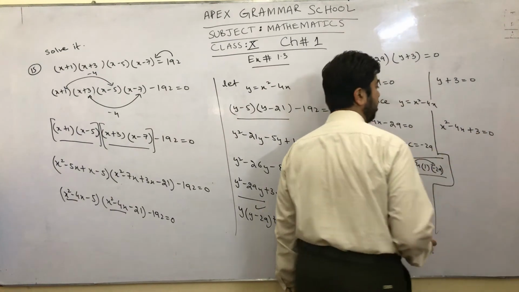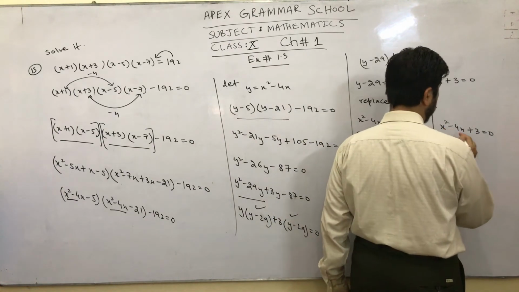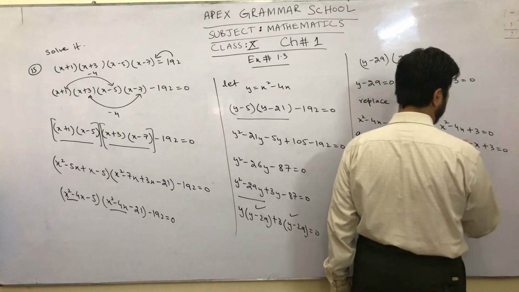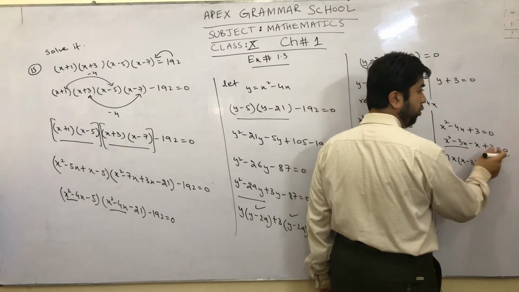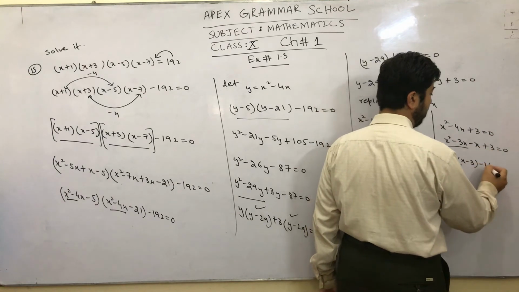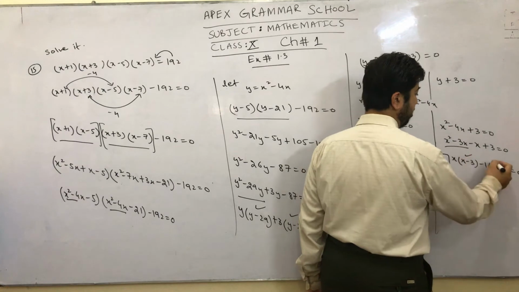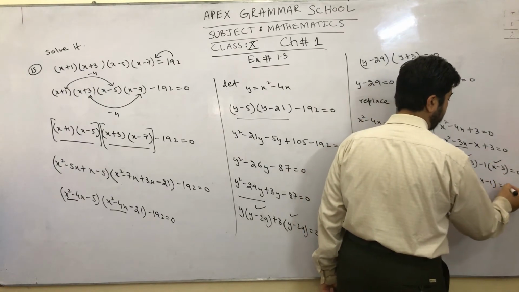And now for this side, you can apply factorization here very easily, like x square minus 3x minus x plus 3 is equal to 0. You have to take common x, like x minus 3, you have to take common minus 1. X minus 3 is equal to 0. Now, these are same, x minus 3, x minus 1 is equal to 0.